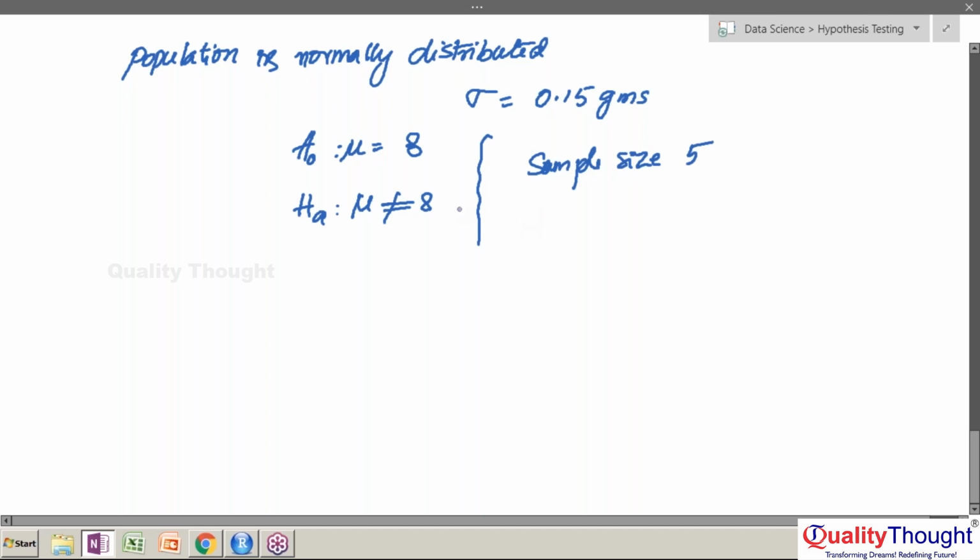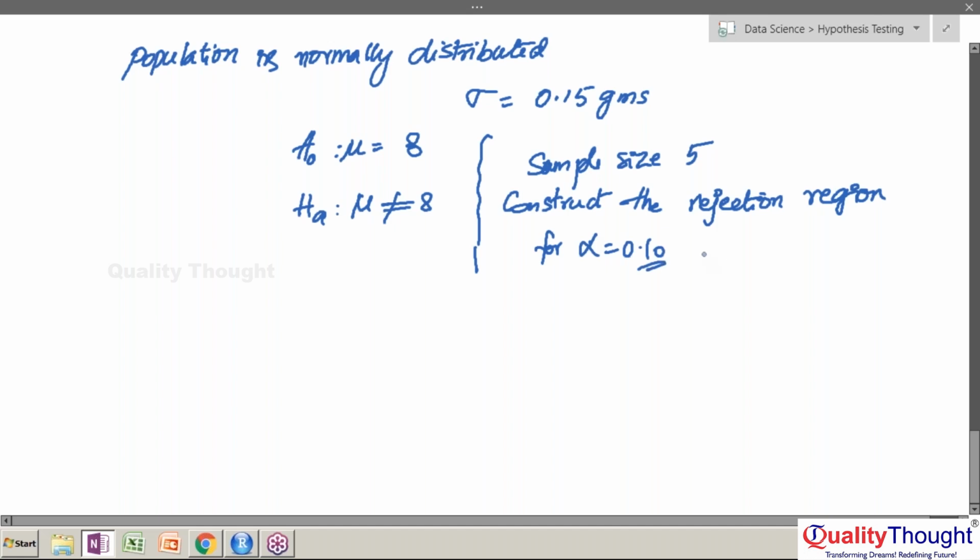So what is the question here? They are asking to construct the rejection region at the 90% confidence level, otherwise alpha is equal to 0.10, however it is.